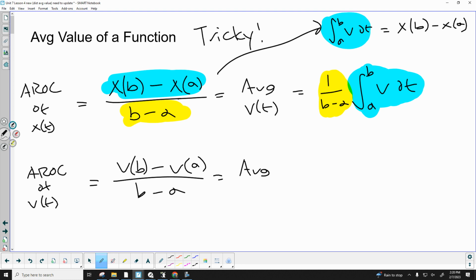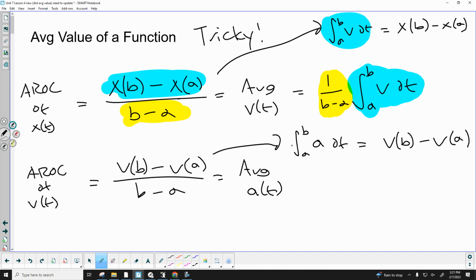So this is average acceleration. Now here's something we haven't done. Did you know that if you looked at the area under acceleration, well, you would have to take an antiderivative and you'd get a velocity, and you'd have to find the change in your velocity. We have not done this.